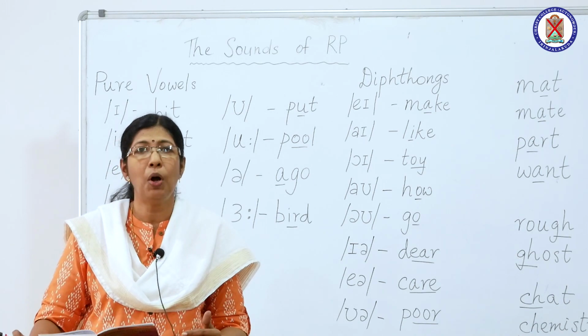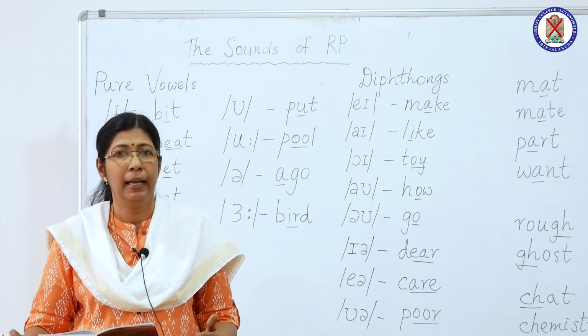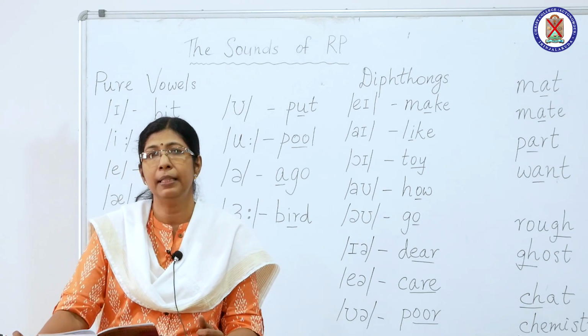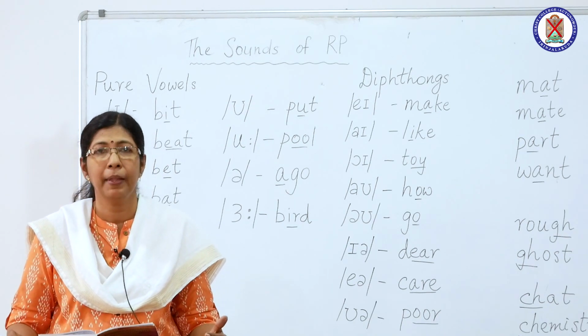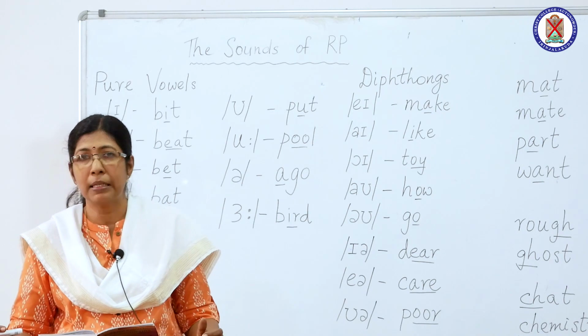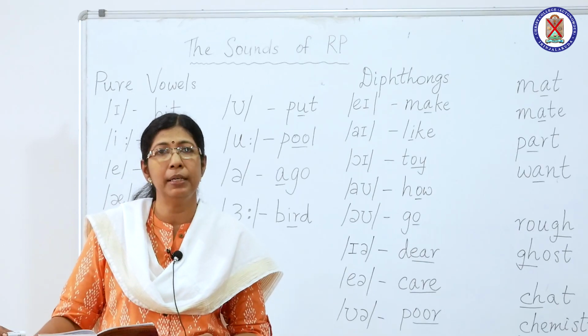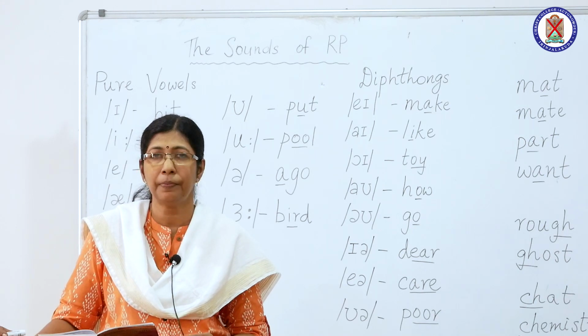And this is what we try to learn when we study phonetics. Once we are familiar with the alphabets or the letters of the IPA, we can use these letters to transcribe or to write a word exactly as it is spoken.